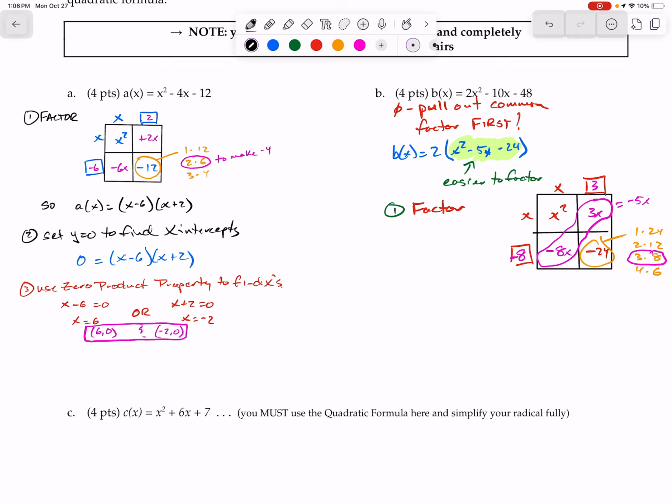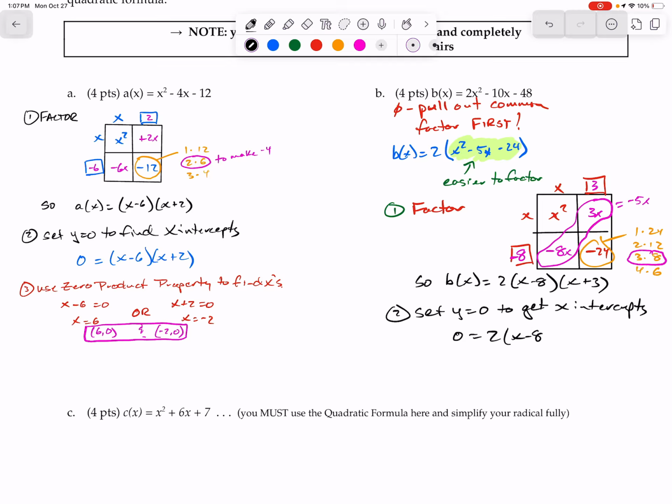So b of x equals 2 times x minus 8, x plus 3. Our next step is set y equal to 0 to get the x-intercepts. So 0 equals 2 times x minus 8, x plus 3.